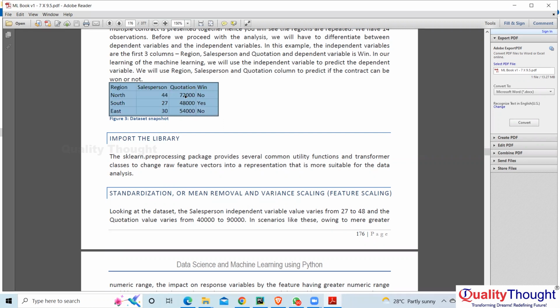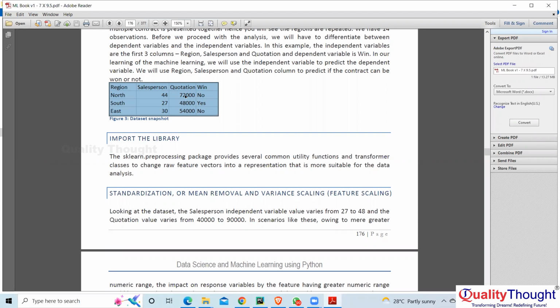If I do not take care of the range of values, quotation will have a higher impact, or higher weightage. Generally, when you have a larger value, your algorithm will tend to go towards that number.